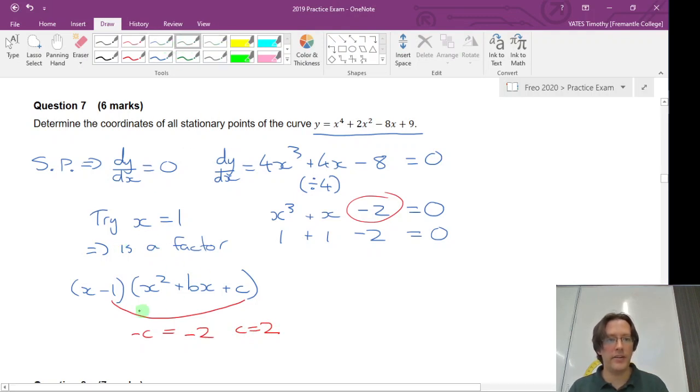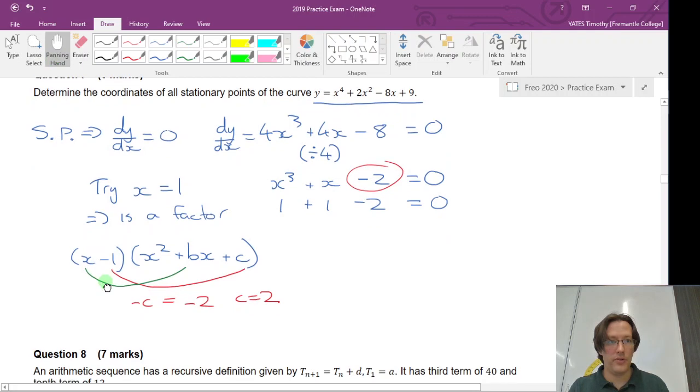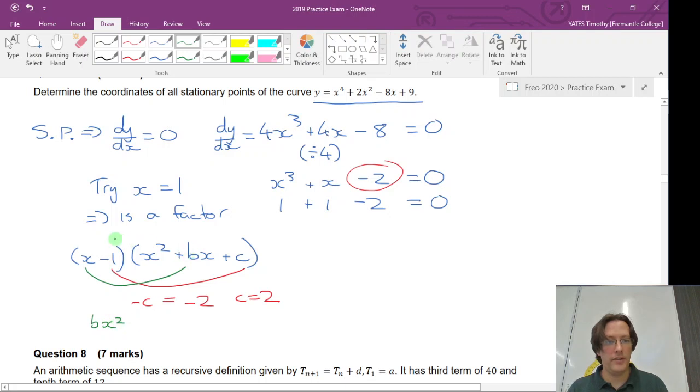The next one to work out, I like to work it out by doing this one. So let's just scroll down slightly. So we do bx squared take x squared. Now there's actually no x squared term in here, so it's going to be equal to 0.